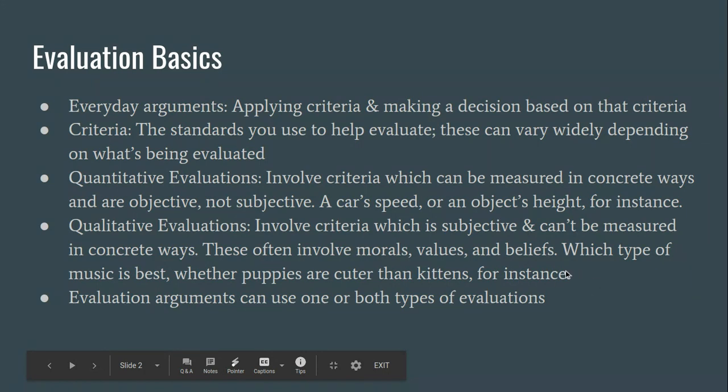Those are things that are very subjective and can't be measured in one way that everybody agrees on, so those are qualitative. And remember that evaluations can use one or both of those. So an evaluation doesn't have to be only quantitative or only qualitative. So if you want to look at any of these terms a little bit more in depth, you can always refer back to the textbook.